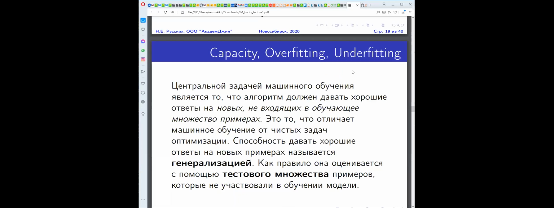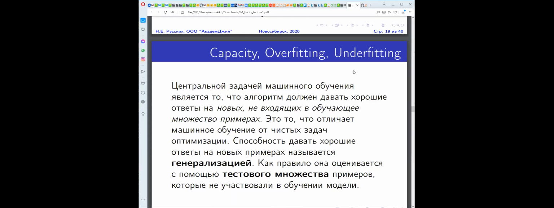But the central issue in machine learning is that our algorithm must give reasonable answers on new unseen examples. This is what separates machine learning from pure optimization tasks.